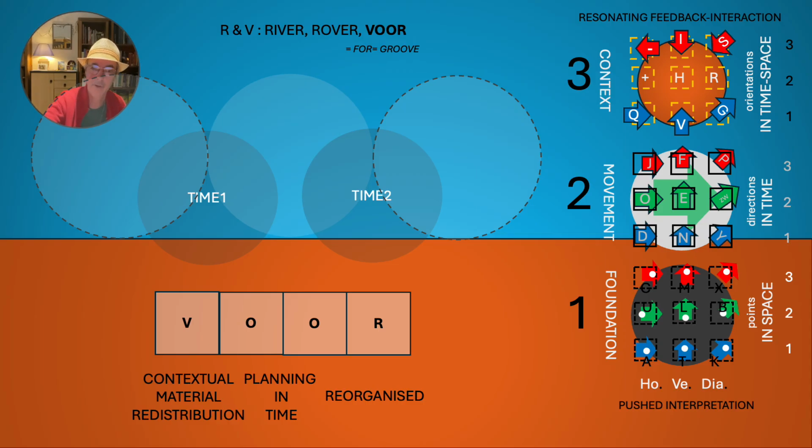I need that first, and I will have to produce it first. That's the voor. Strangely enough, it's two completely different meanings, but they fit the focus of the letters. And you can immediately recognize the categories. So the V is basically that contextual, materialistic redistribution.